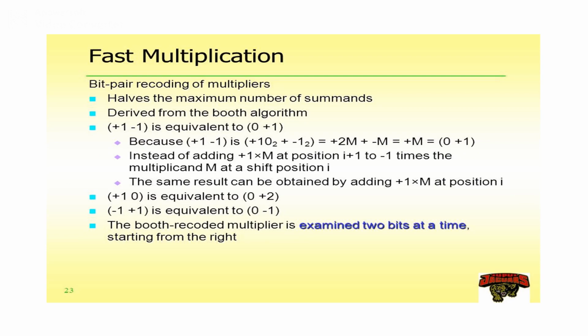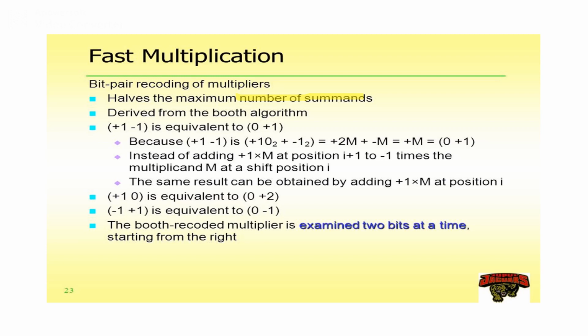In the case of fast multiplication, bit pair recoding of multipliers will reduce the maximum number of summands derived from the Booth algorithm. So here we can reduce the number of additions required while computing the final product. That means, with respect to the Booth algorithm as well as fast multiplication, the number of partial products in fast multiplication will be exactly n by 2.